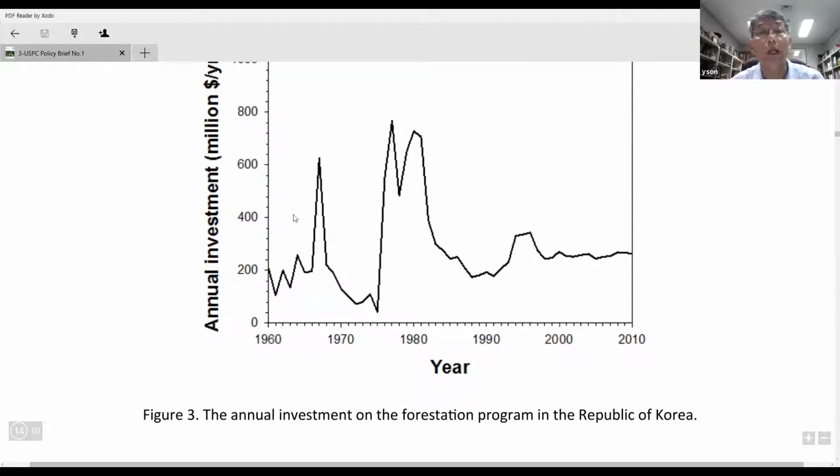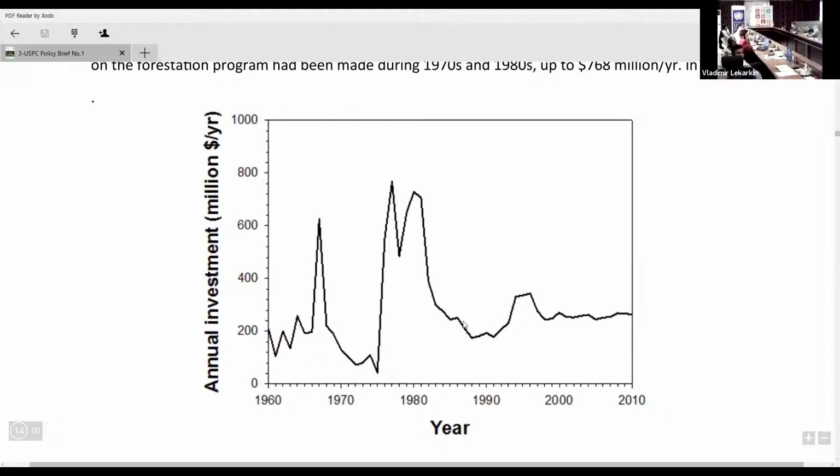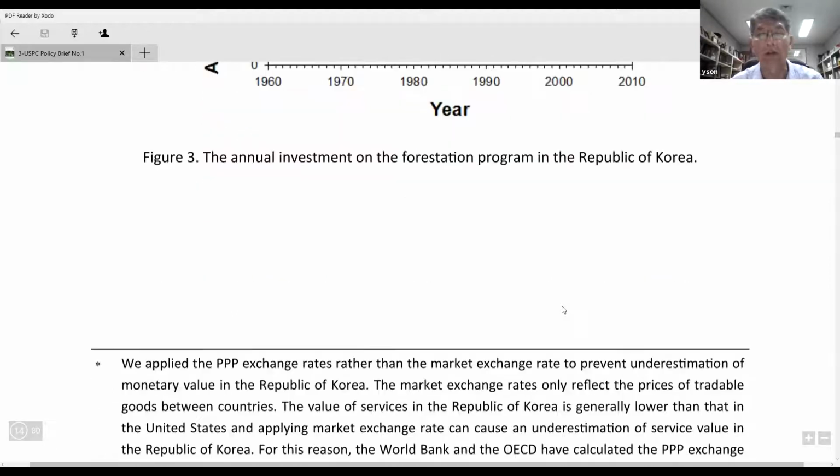So during the mid-1960s and early to mid-1970s, we invested a lot of money for reforestation, but even after, we still invested money to protect and manage the forest. Not zero investment after reforestation. Still, you need to invest money to protect and manage the forest.